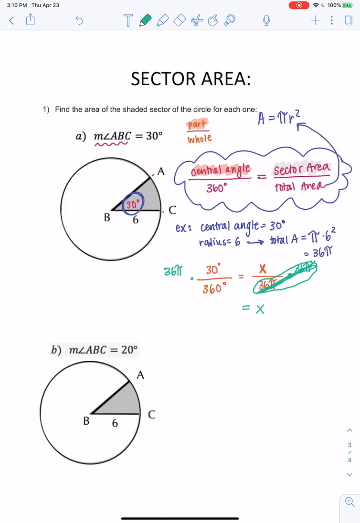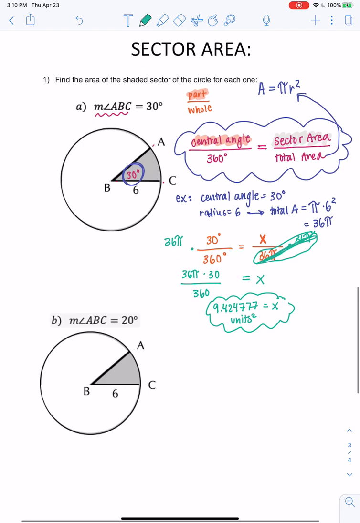We're left with x is equal to 36 pi times 30 divided by 360. Here you take your calculator, 36 times pi times 30, enter, divide by 360, and we'll get 9.424777, and on and on, is equal to x. And this is an area, so units squared, and it's our sector area.